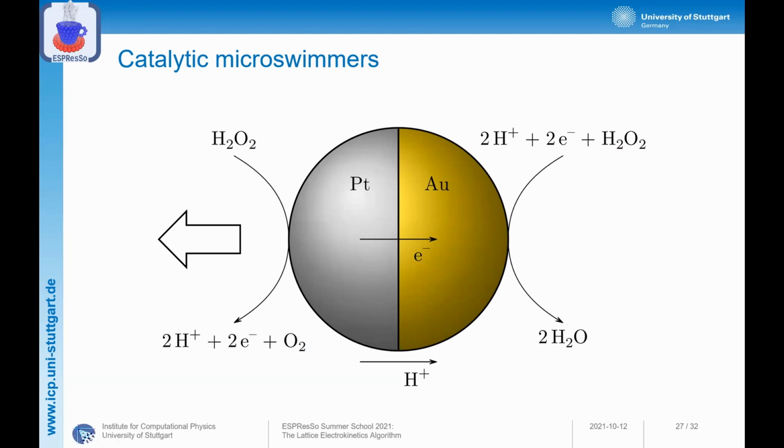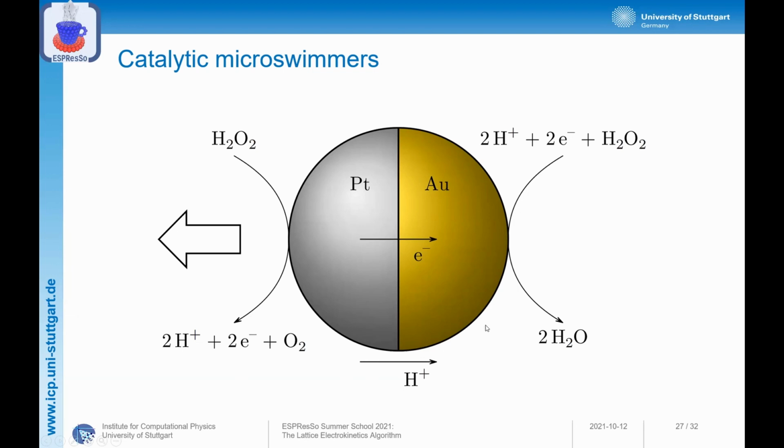Okay. And one theory why these catalytic microswimmers move is that these hydrogen ions move from here to here and get depleted here.